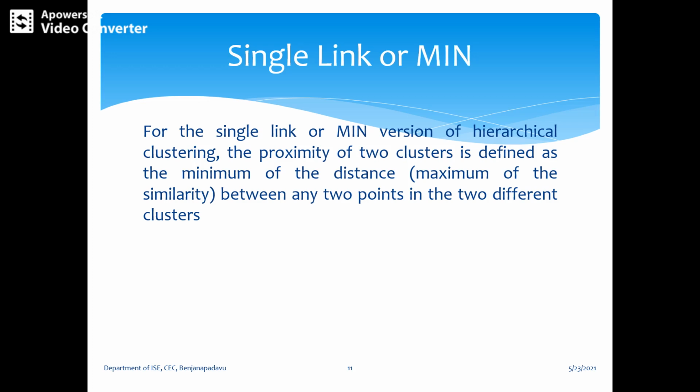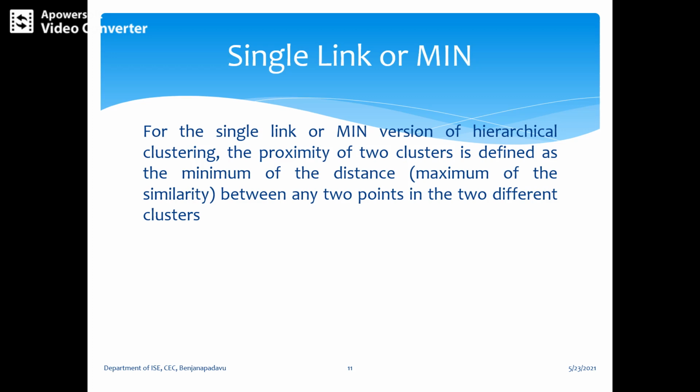Using graph terminology, if you start with all the points as singleton clusters and add links between the points one at a time, the shortest link is the first one we consider. Then these single links combine the points into clusters.